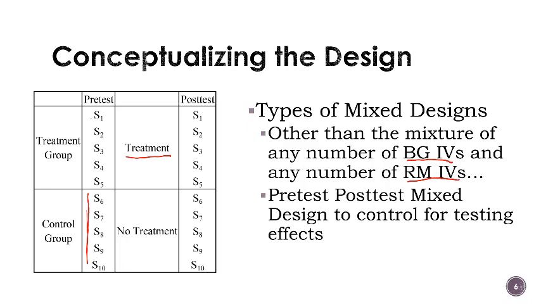Well, now you can see that these subjects change more than the control group, and that difference between those two groups will tell you what the real effect for the treatment is minus the testing effect. So it's a way to control the testing effect in these kinds of pre-test, post-test designs.